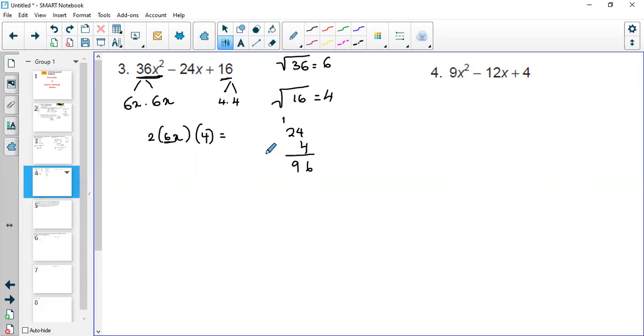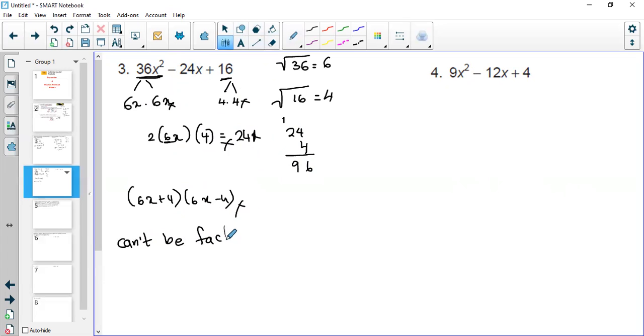So which means this is a wrong kind of factorization. If we would write this as 6x plus 4 and 6x plus 4, that's going to be a wrong factorization. Whether we write plus 4 and minus or plus plus, it's going to be a wrong factorization because 2 multiplied by 6x and multiplied by 4 is not giving us a 24x. So which means this kind of question can't be factored.